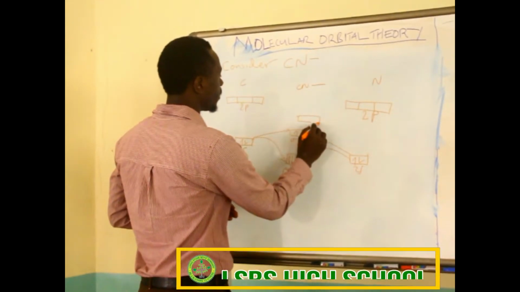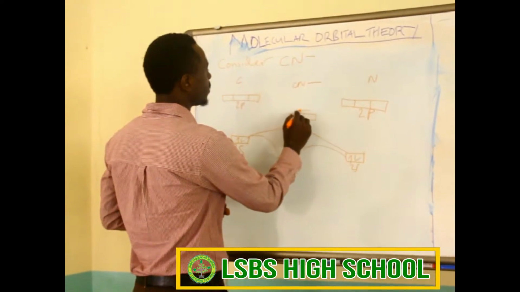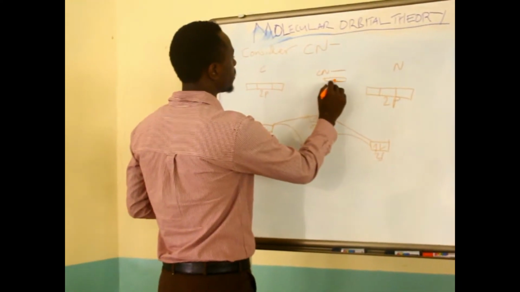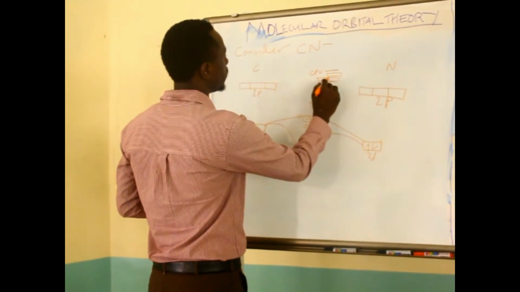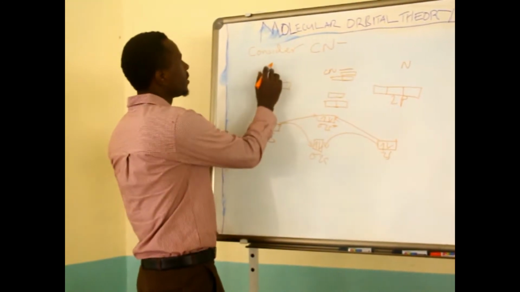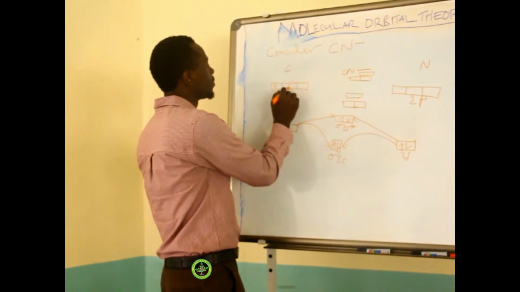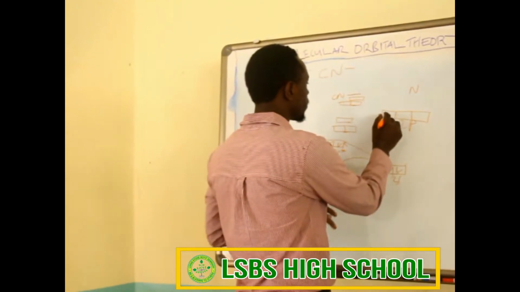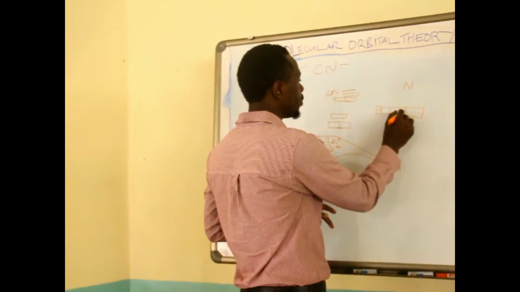Now, one will be at the lowest energy level, and another will be at the highest energy level. Here in carbon, there are 2 electrons in the 2p orbital, but in nitrogen, there are 3 electrons in the 2p orbital.